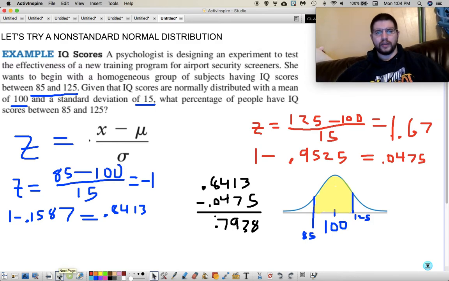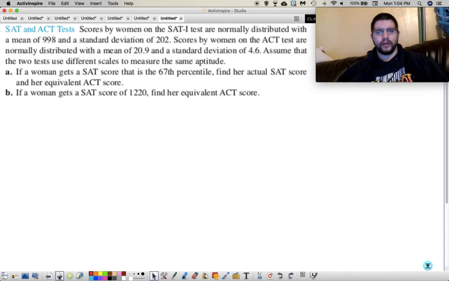Let's do one more example before we call it a day. Scores by women on the SAT are normally distributed with a mean of 998 and a standard deviation of 202. Scores by women on the ACT are normally distributed with a mean of 20.9 and a standard deviation of 4.6.